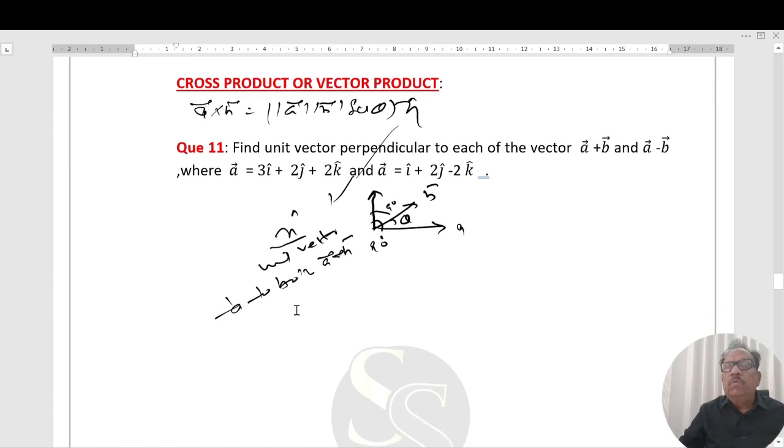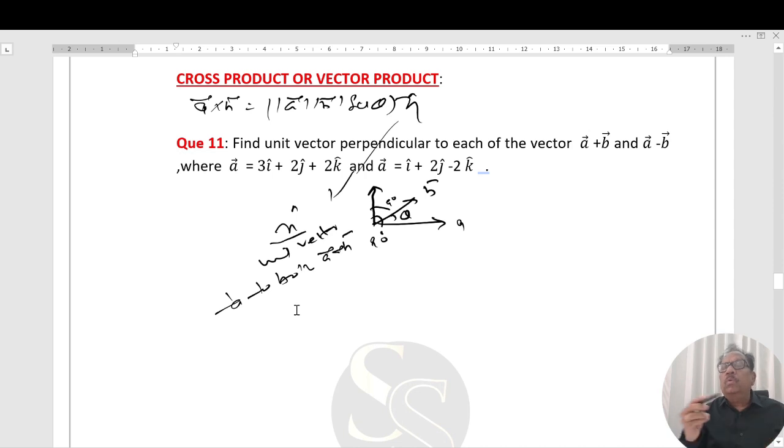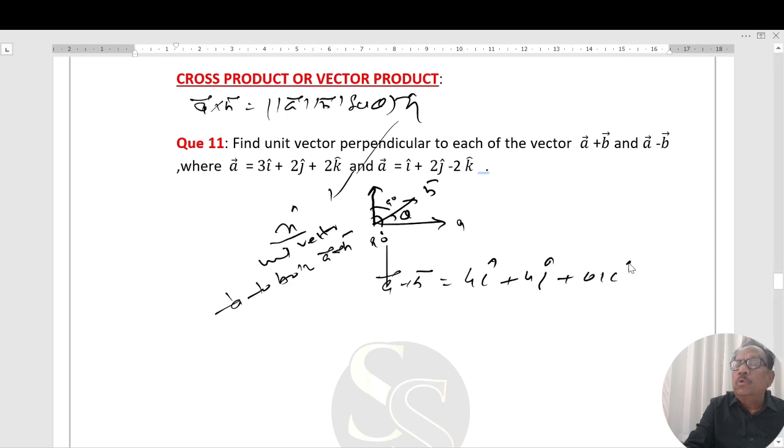Now, you have to find a unit vector perpendicular to each of the vectors. Means A plus B, A plus B will be equal to 4i plus 4j plus 0k.